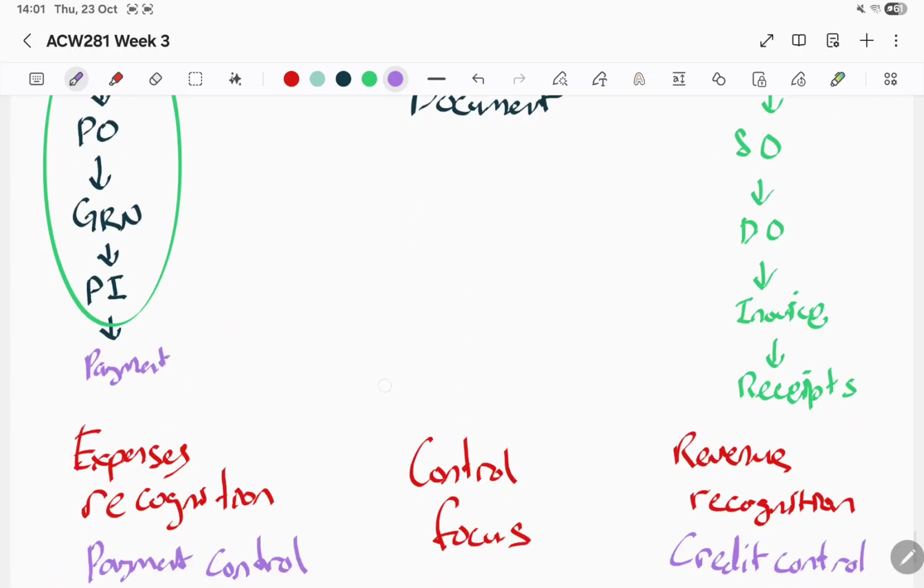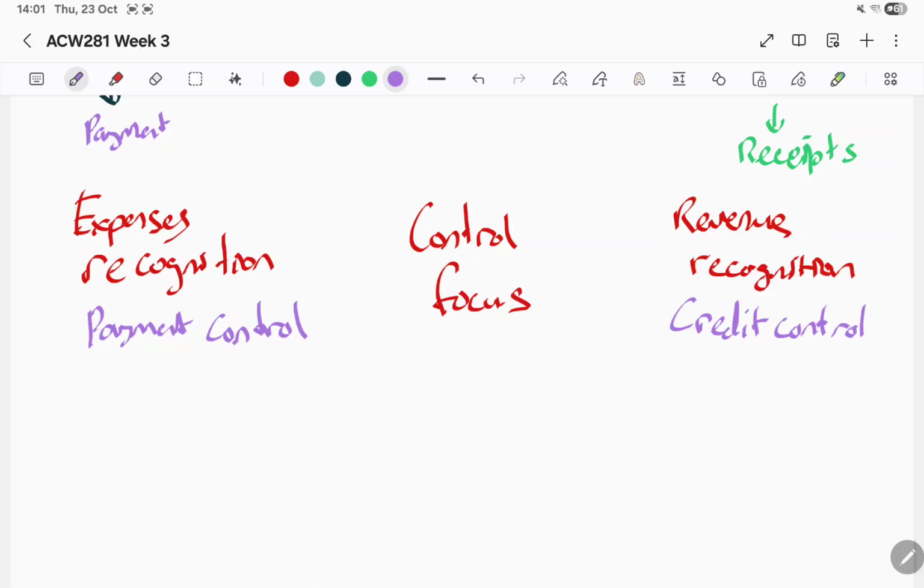Payment control, how we do it, they always look at three-way matching, let me just put green color. This is for verification purpose.